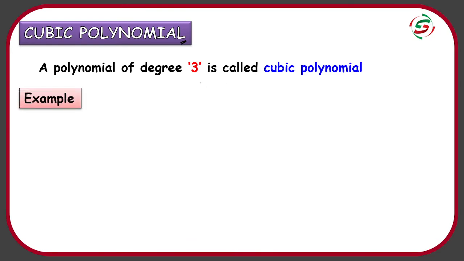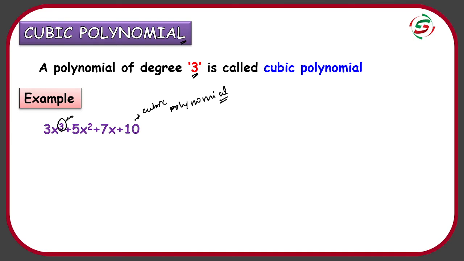Next we can go for cubic polynomial. In the cubic polynomial you can just see the degree is 3. So 3x cube plus 5x square plus 7x plus 10. Here you have degree as 3. Therefore this is a cubic polynomial. Why is it a cubic polynomial?